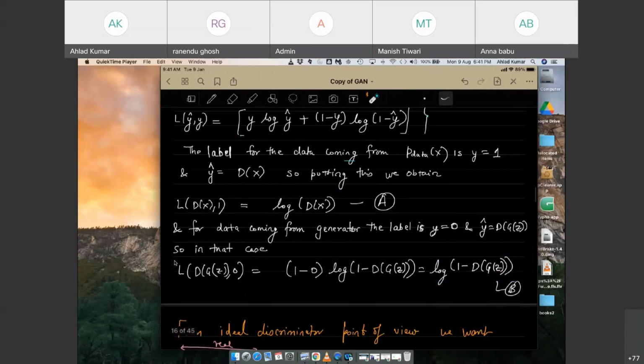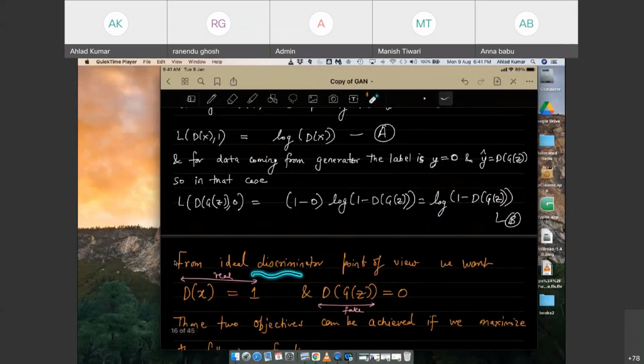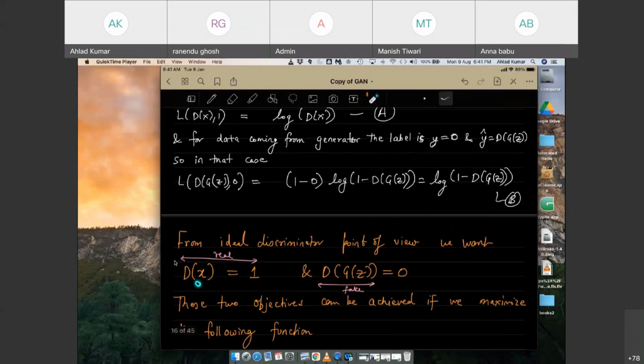Now consider the ideal discriminator. What kind of discriminator is ideal? In case of an ideal discriminator, you want the data coming from the real sample space, when D is operated on it, to give 1. If the image is real, the discriminator should give you a value of 1.